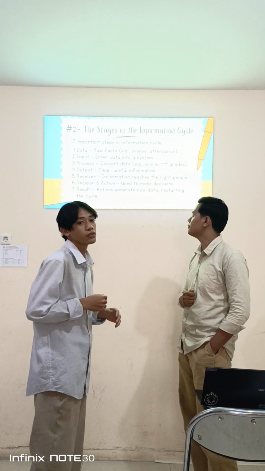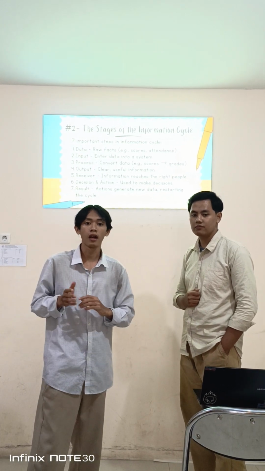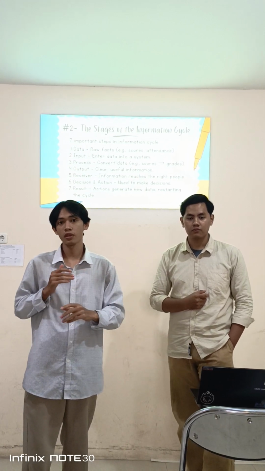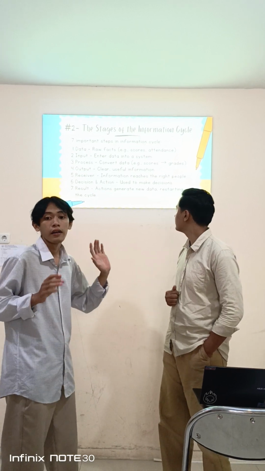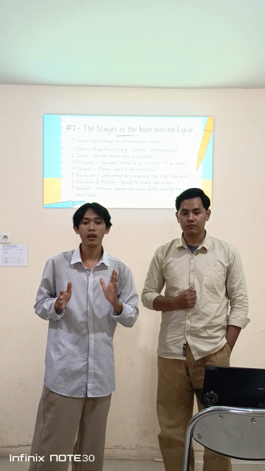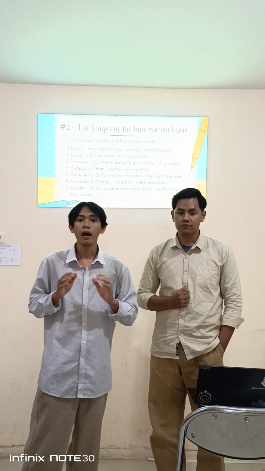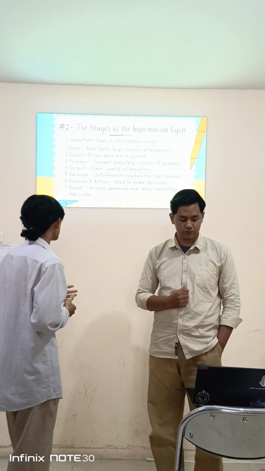Okay, let's move on to chapter 2. I will explain the steps of the information cycle. There are 7 important steps in the information cycle. The first one is data. Data is raw facts like student scores, attendance, and survey results. And the second one is input.